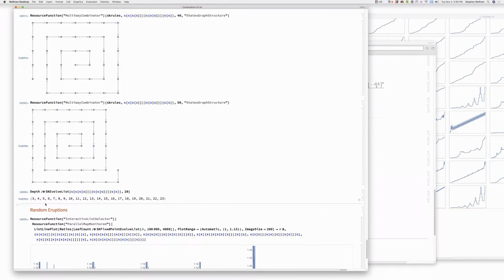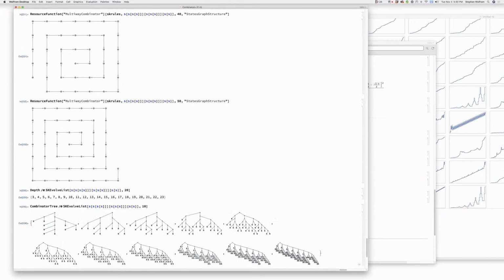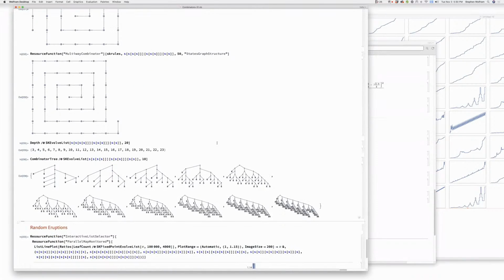That means it's getting progressively bigger and bigger as a tree. So let's take a look here. This tree, okay, let's say 10 steps, and I wish I had a version of combinator tree that didn't have its silly labels on it. Okay, so this maybe is a very regular tree.